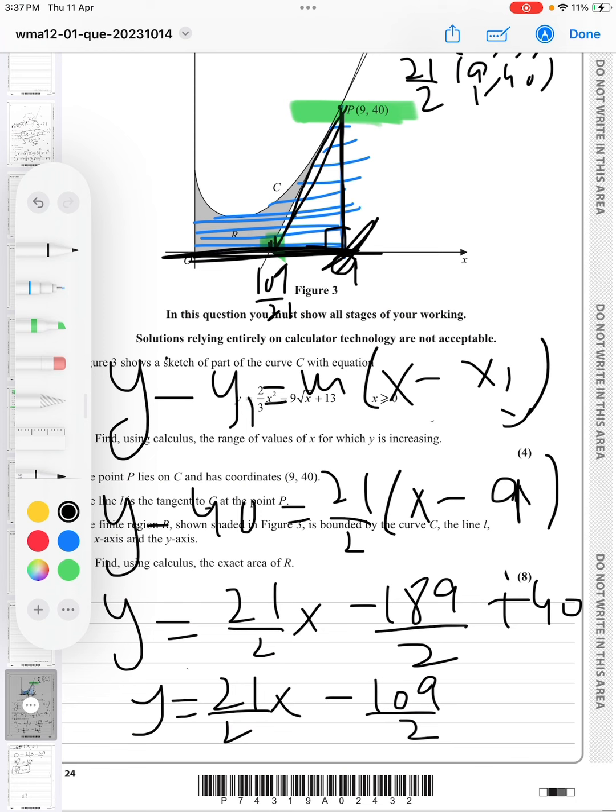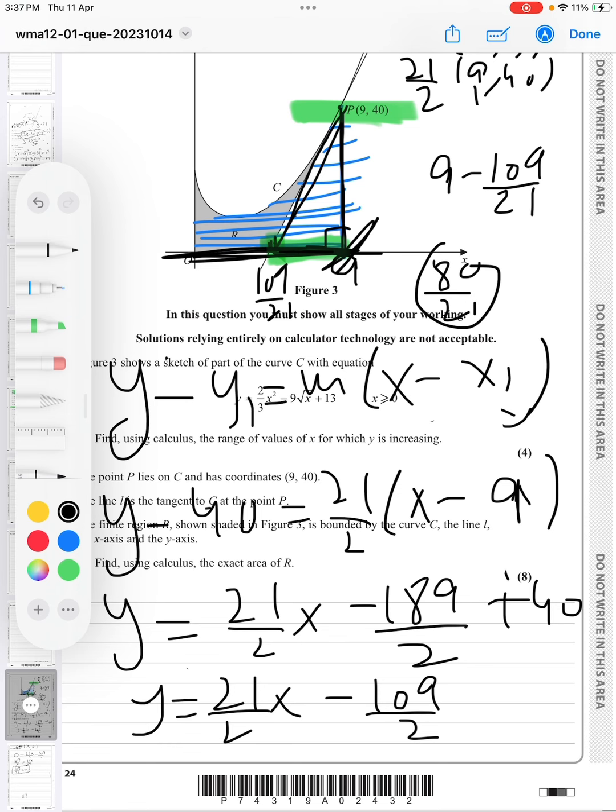So how will I get this portion? It's simple. 9 minus 109 upon 21 will give me this portion. 9 minus 109 upon 21 will result in 80 upon 21.